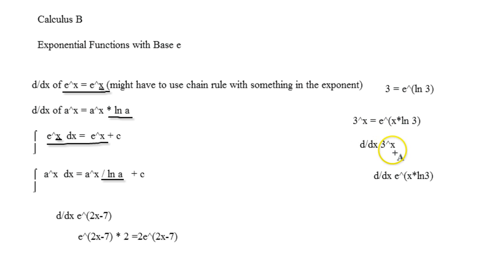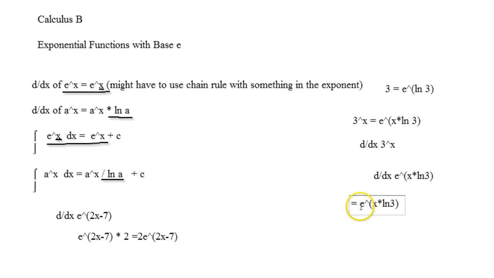So the derivative of 3 to the x is now the derivative of e to the x times the natural log of 3, and we just treat this as a chain rule. It's going to be e to the x times the natural log of 3, because the innermost function is x times the natural log of 3.